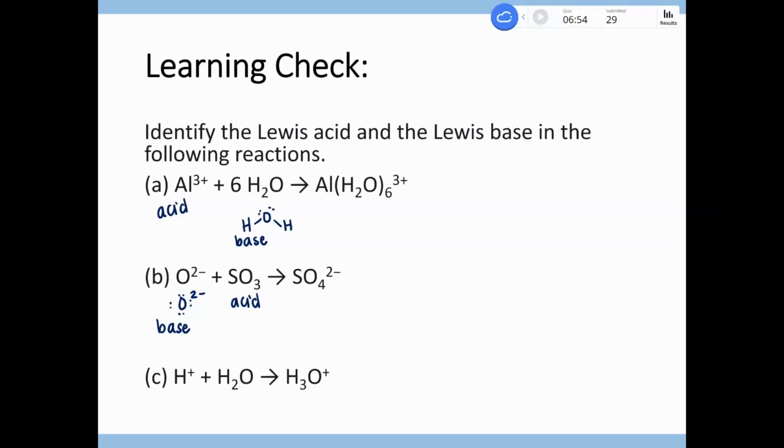Last one, we have water again. All atoms are closed shell in water. Oxygen has non-bonding electrons, so that must be the base. H+, open shell, that'd be acid.